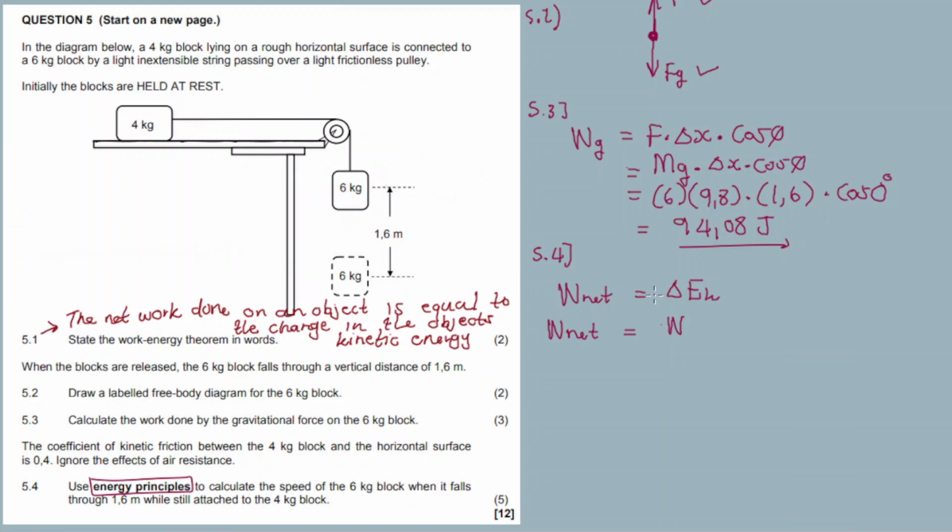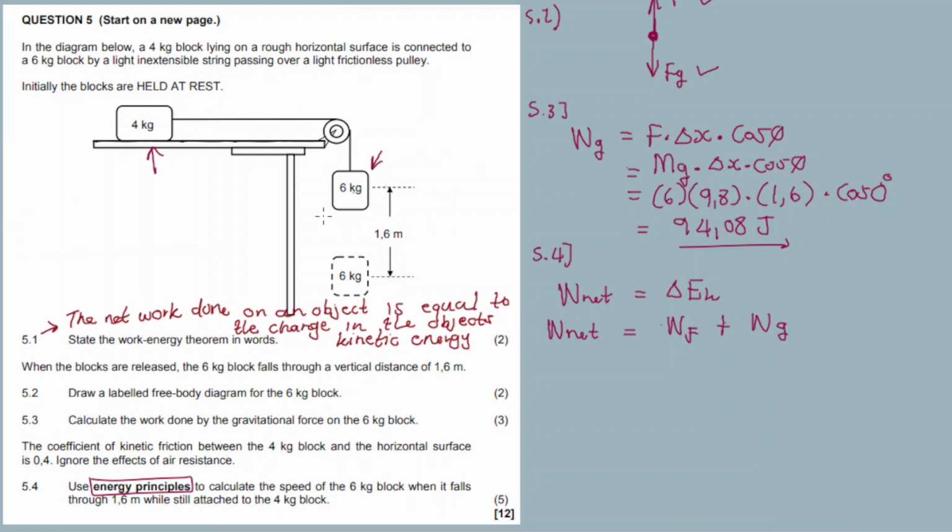So let's start with the work done by the frictional force. Which block experiences the frictional force? The 4 kg block, right? So the frictional force is doing work on this entire system, plus the work done by the gravitational force. Gravitational force is doing work on which block?